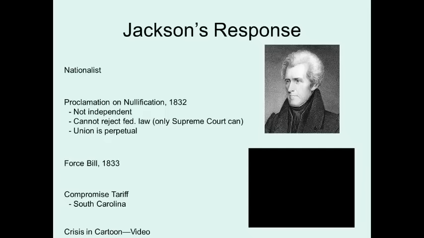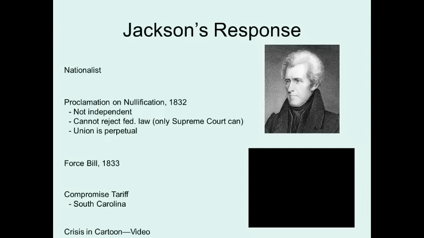The only people that are allowed to reject federal law are the Supreme Court through the power of judicial review. That's the only entity that can reject federal law, the Supreme Court, because they have the power of judicial review. And finally, he firmly asserted that the Union is perpetual. The Union is forever. And it is treason for any state to try to withdraw from the Union. You cannot secede. You cannot leave. That would be treason.